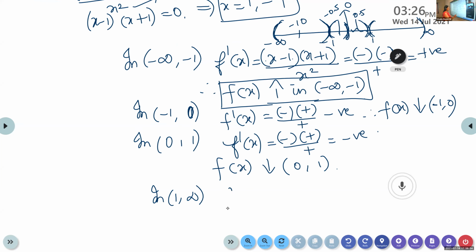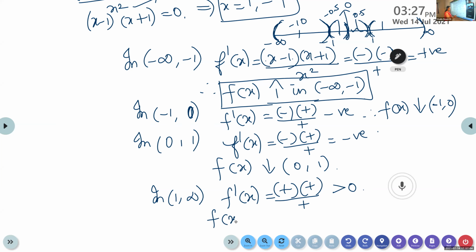What about f dash of x? Is it positive or negative? In 1 to infinity, what value can you select? You can select 2, or you can take 10. If you take 2, what about f dash of x? Is it positive or negative? Gauri? It is positive. The denominator is also positive, so it is greater than 0.